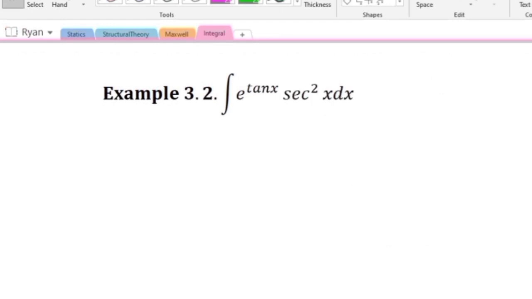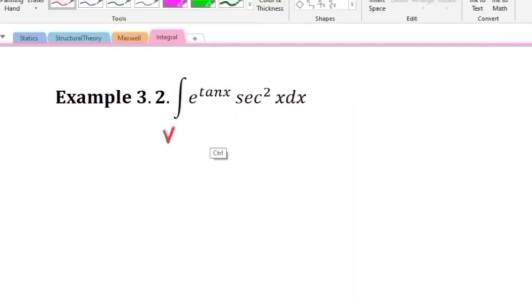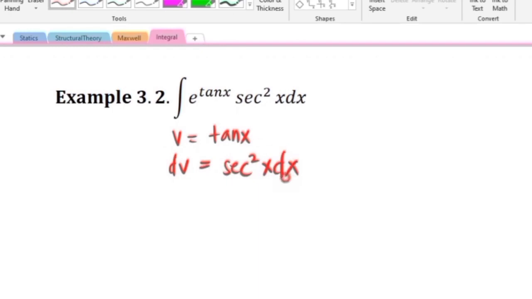Example 3.2, we have the integral of e raised to tangent x secant squared x dx. So first, we will let our exponent equal to v. So v is equal to tangent x. dv is equal to secant squared x dx. So if we look at our problem, this is our v, and this is our derivative.